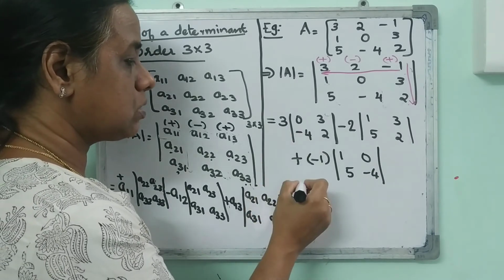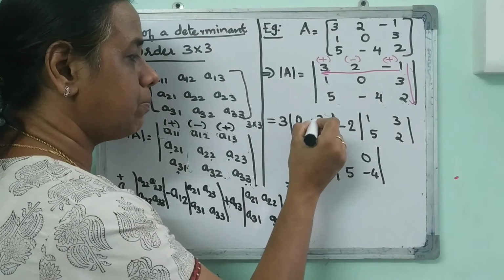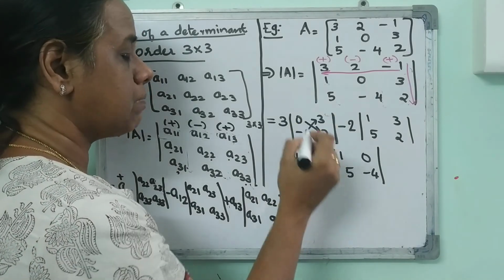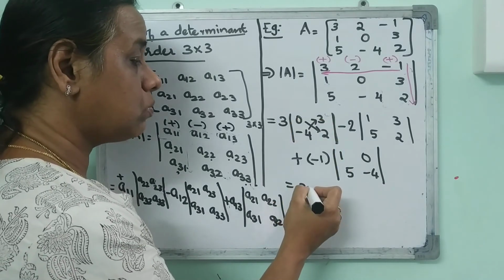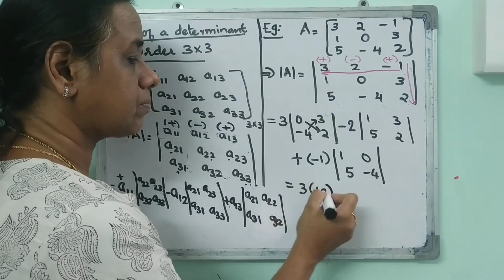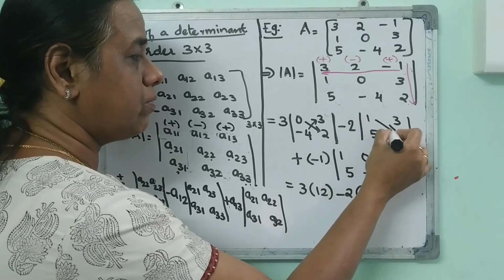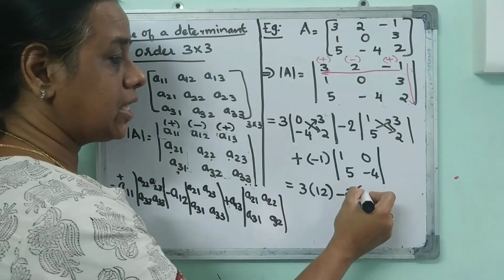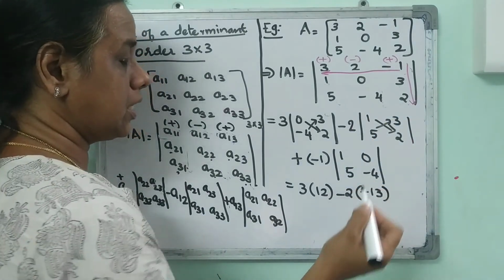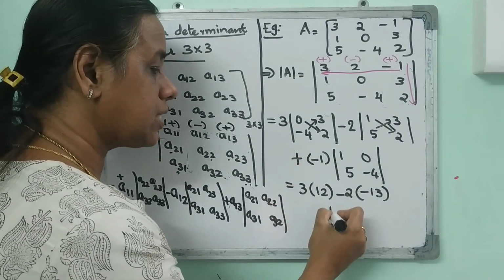How is the calculation to be continued? 3 into downward arrow minus upward arrow: 0 minus minus 12. 0 minus minus 12 will become plus 12. Then minus 2 into, again downward arrow minus upward arrow: 2 minus 15. 2 minus 15 will become minus 13. Then plus into minus 1, so that will be counted as minus.